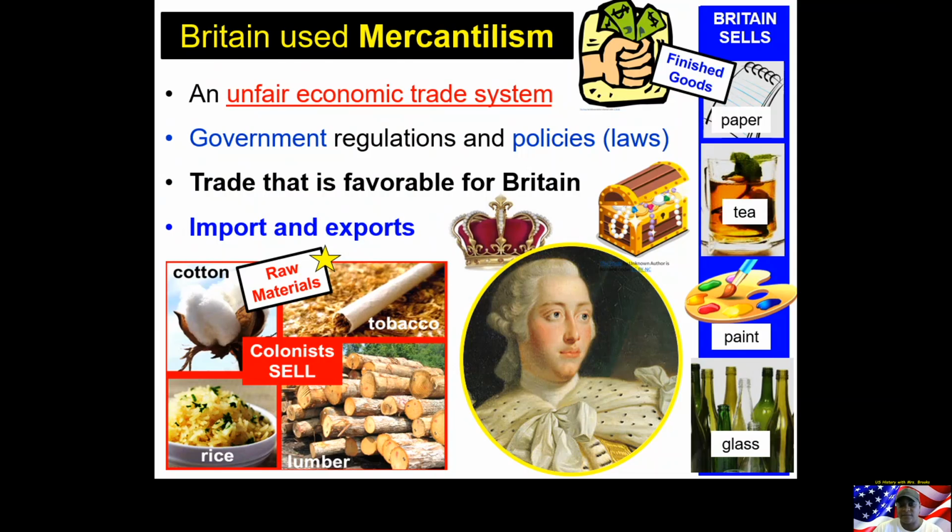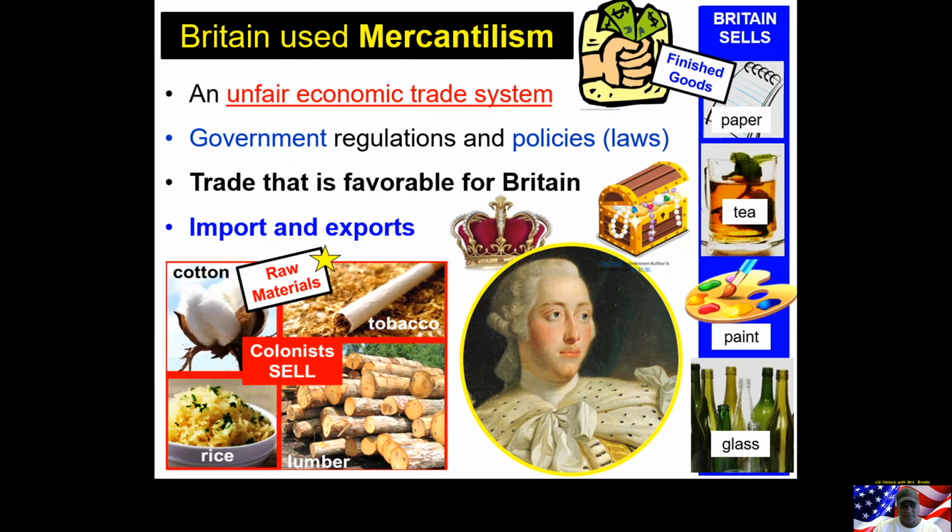Think of it as if we were selling lumber to the king, and for every log from the tree that we sell, maybe the king gave us $10. Okay, $10, that's not bad. But then in England, they take that same log and they cut the lumber and process the lumber to make pencils. And for a box of pencils, say like 10 pencils, now the price is, say, $5.